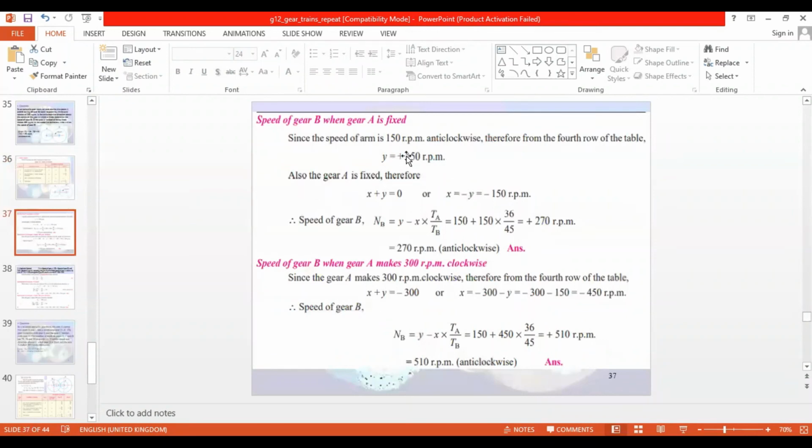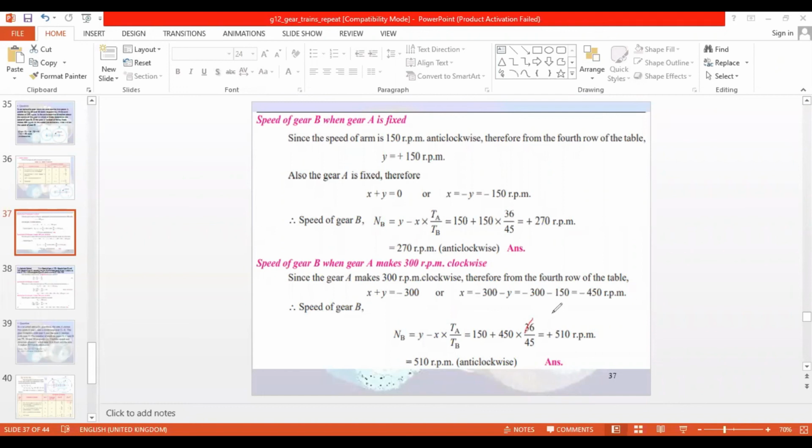Y is 150 rpm. 150 minus into x, and x is minus 450, so there is another minus. Minus times minus is plus, so plus 450 into 36 by 45. The 36 teeth for A and 45 teeth for B are given in the numerical.